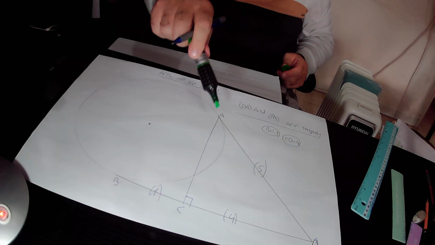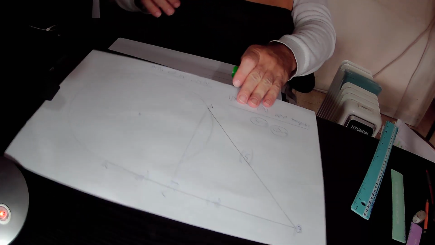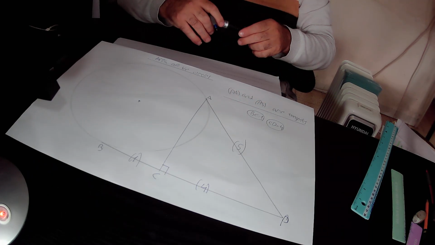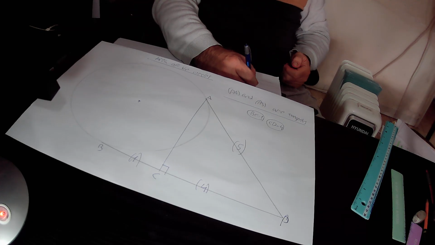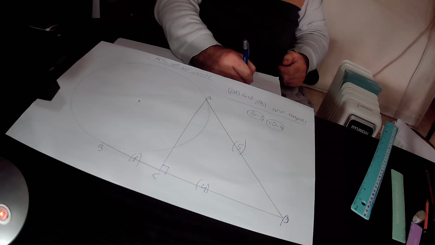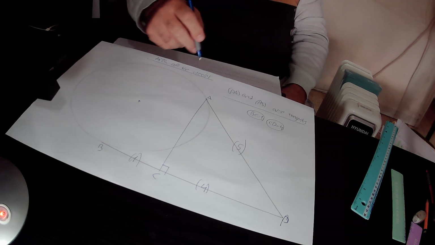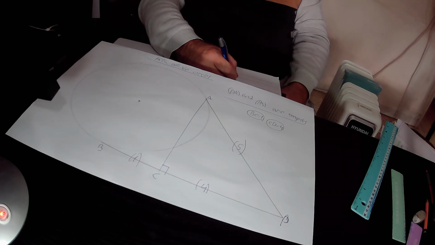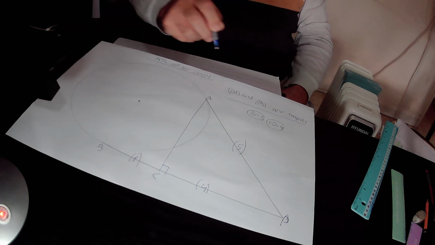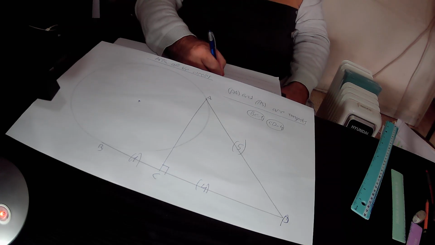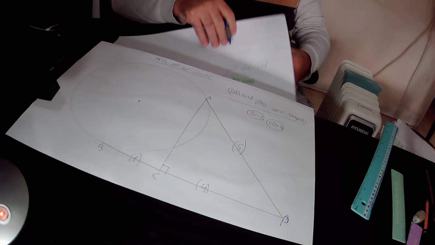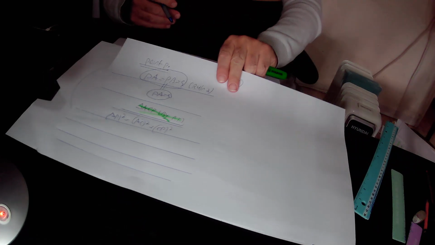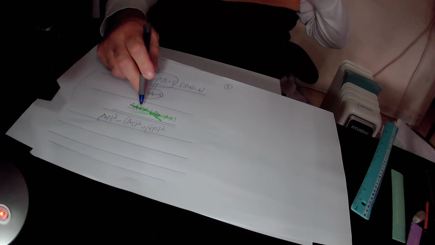In this right triangle ACP, according to the Pythagoras theorem, AP squared, that is the square of the hypotenuse, equals AC squared plus CP squared. The following equation is true: AP squared equals AC squared plus CP squared.